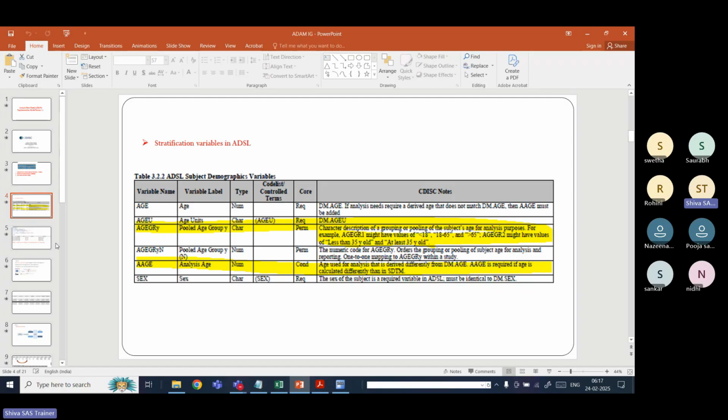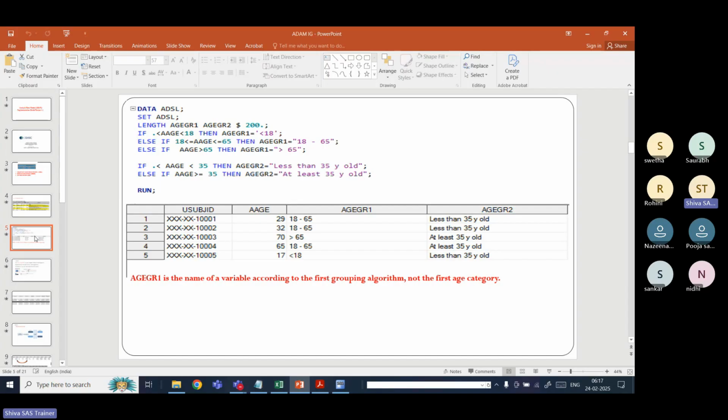What is this y? If your study requires two groups of age to be analyzed, your statistician wants to do the analysis based on age in two categories. Like one category is 18 to 65, greater than 65, less than 60, less than 80, and second category, less than 35, at least 35.